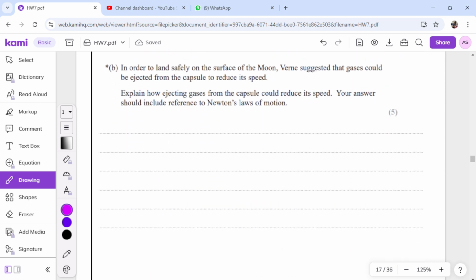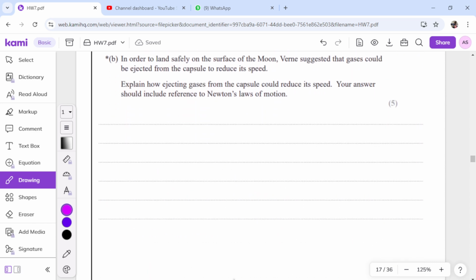Let's move to the next. In order to land safely on the surface of the moon, Verne suggested that gases could be ejected from the capsule to reduce its speed. Explain how ejecting gases from the capsule could reduce its speed. Your answer should include reference to Newton's first and second law.